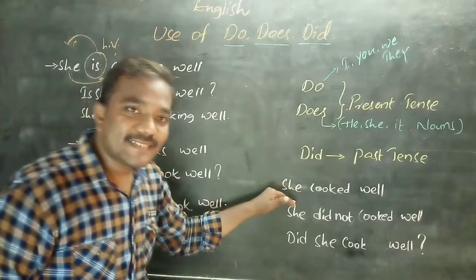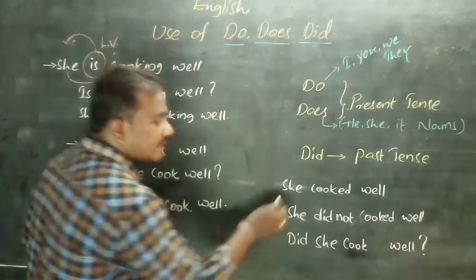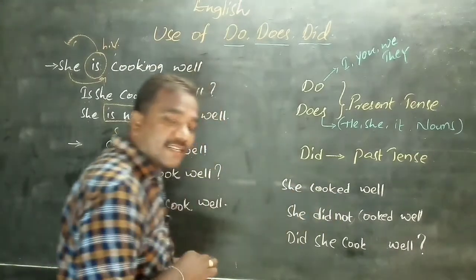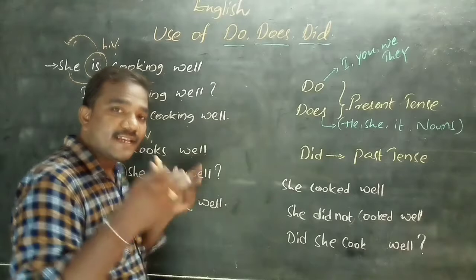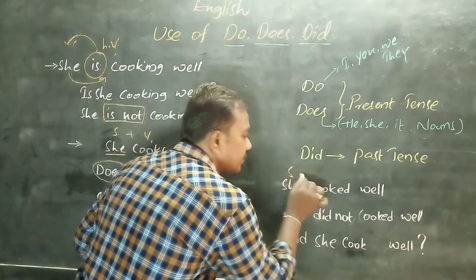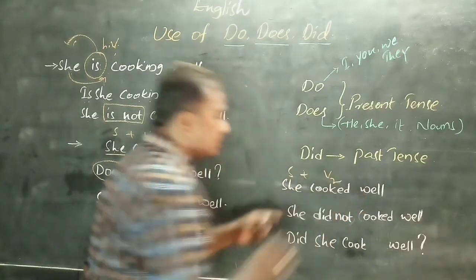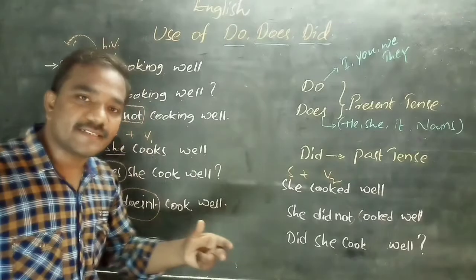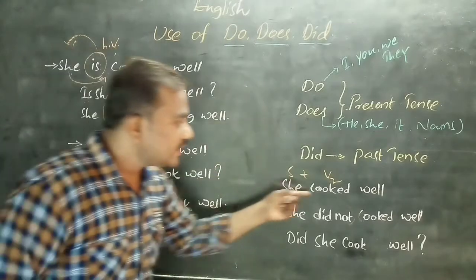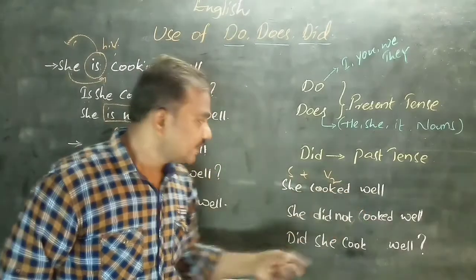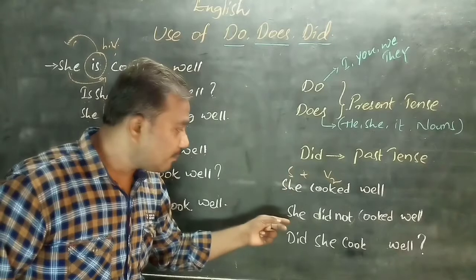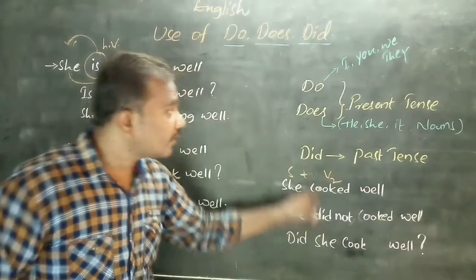Next, let's see past tense here. She cooks. There itself it is present form. Here, past form, subject place, I use cooked. V1, V2, V3. She cooked well is past tense. I converted this into negative by adding did.